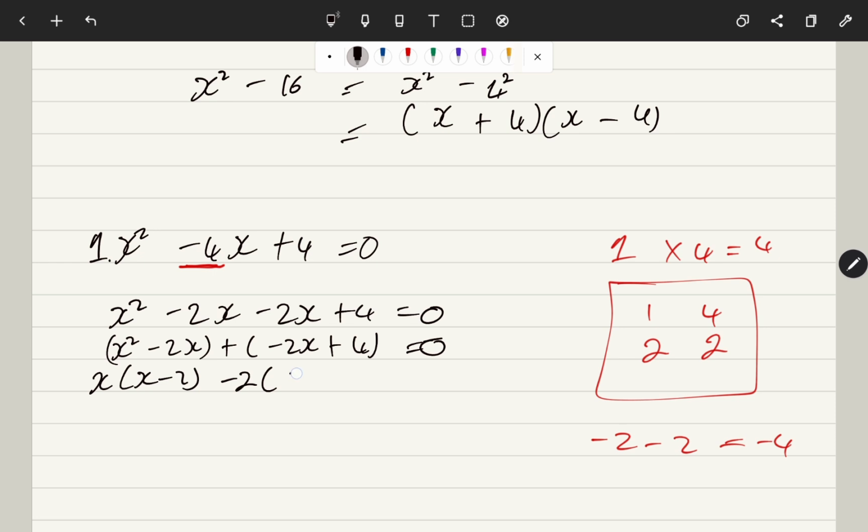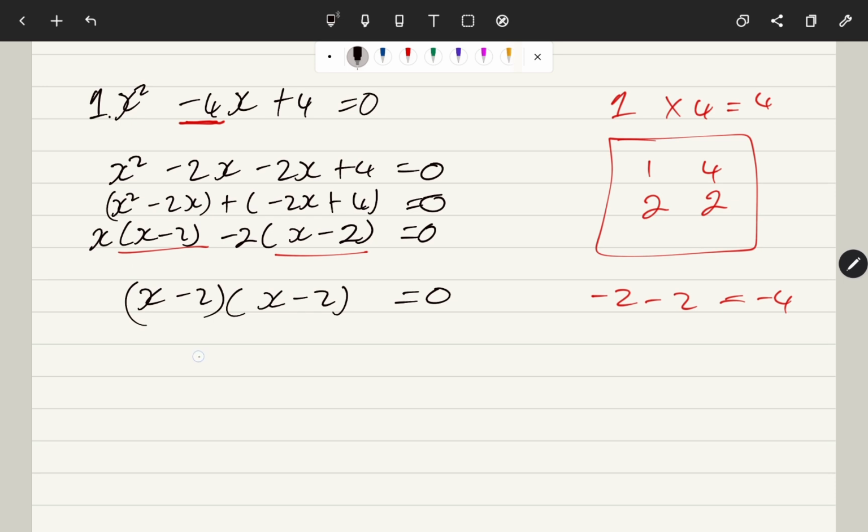So I have x minus 2 equals 0. I have another common factor, which is this bracket x minus 2, so I take it out. x minus 2 equals 0, right? And you realize you can just always say that you have x minus 2 squared equals 0. So these problems, they are a bit easier to solve.